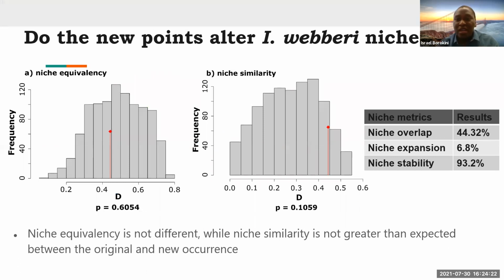So what we did here, there are several metrics. There are fairly new metrics that were developed, which help us to estimate the degree of similarity or the degree of overlap between two spatial data sets. In fact, this method was developed for estimating the degree of similarity for an invasive species in its native origin and in its introduced origin.